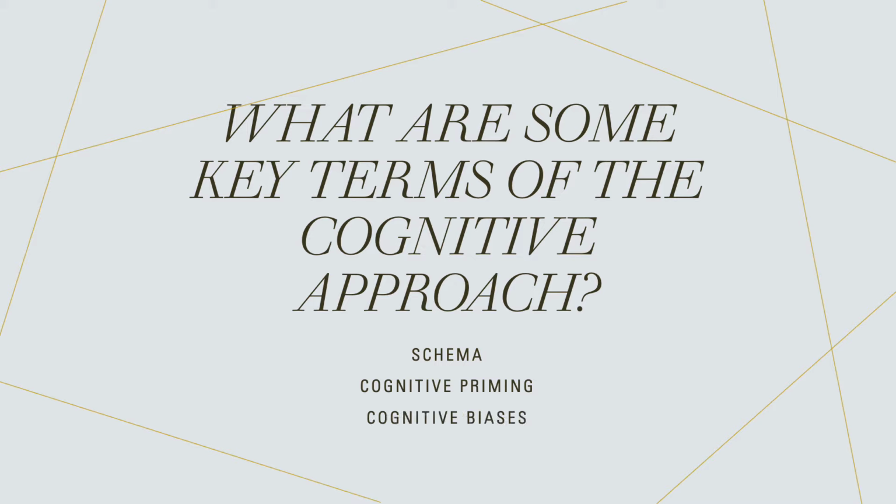And then we have cognitive biases, which also relate to consumer behaviour. So we looked at things like hostile attribution bias, we looked at confirmation bias. If you're rusty on any of these, go back to your notes and check over the definitions.